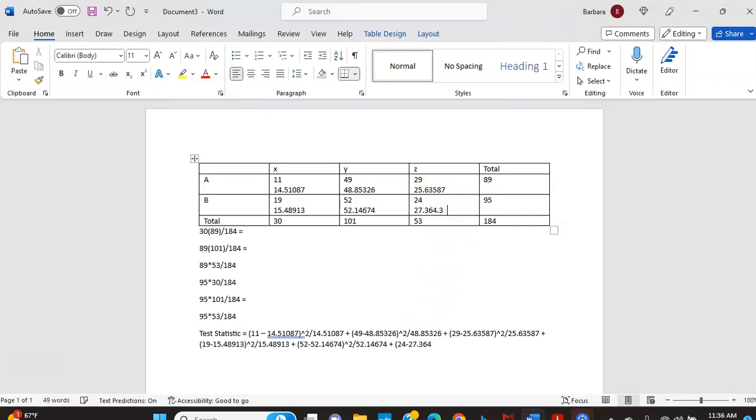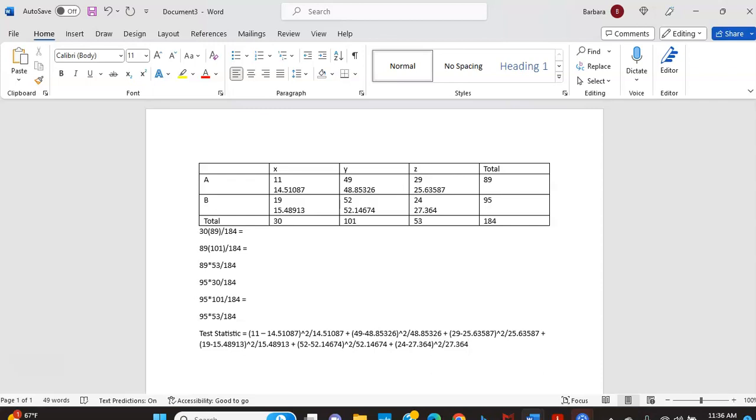I'm not sure exactly how, but that should not be that. Maybe you can catch it as I was saying it earlier. 364, and oh, I forgot to square this. Squared divided by 27.364. And then we've done that.